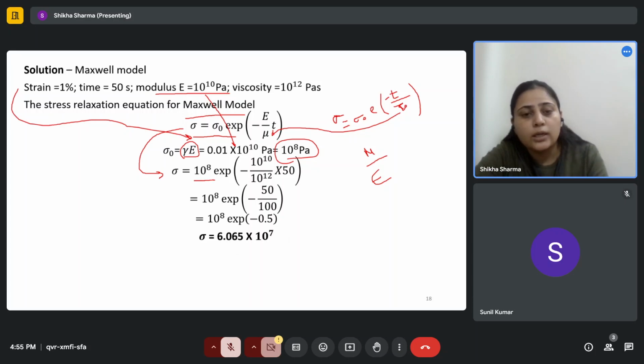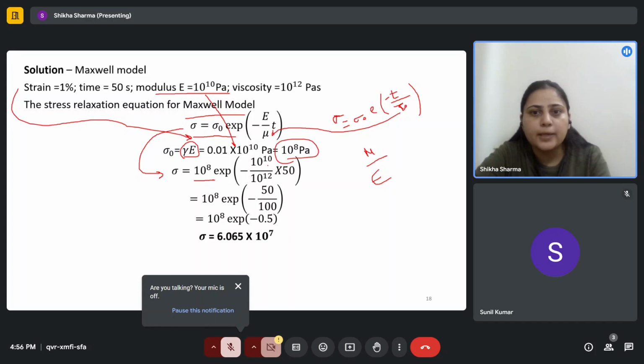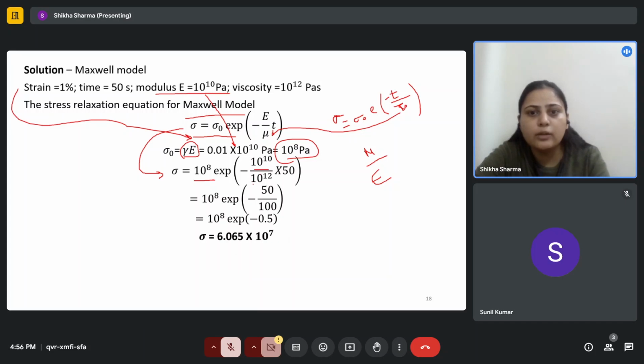So stress at time t equals stress at initial, which is 10 to the power 8, multiplied by exponent of minus the elastic modulus 10 to the power 10 Pascal at the numerator, and the denominator is the viscous element, 10 to the power 12 Pascal second, multiplied by t, which is the 50-second time. At 50 seconds we need to calculate. So multiply by 50.